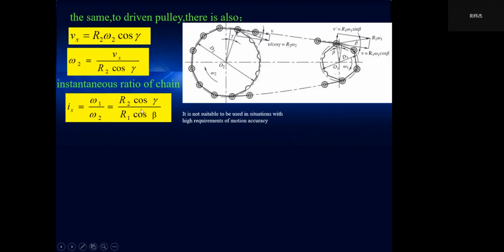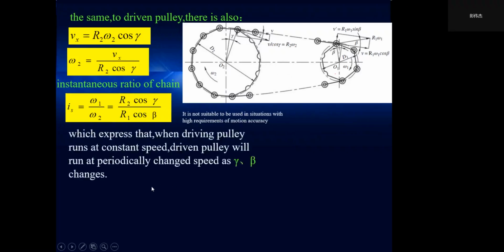So the chain drive is not suitable for situations with high requirements of motion accuracy. The driving sprocket runs at constant speed, while the driven sprocket will run at periodically changing speed as the angles gamma and beta change.